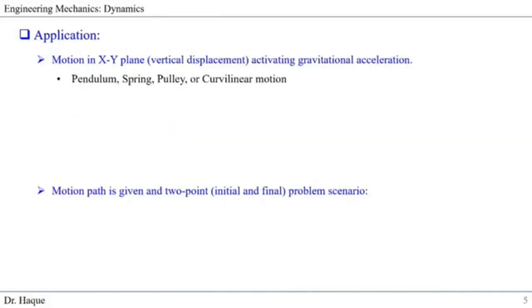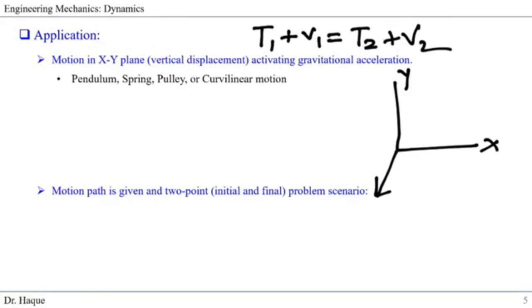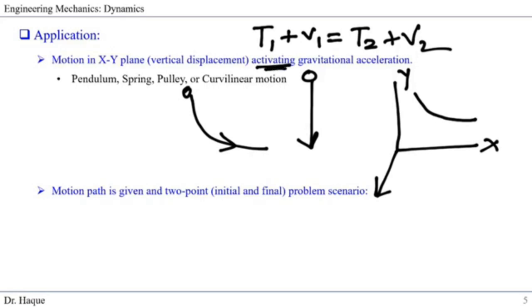Now let's talk about when we should apply conservation of energy. How do we know that this is a problem where we should apply it? If your motion is on the xy plane, or there is a vertical displacement of any particle in any direction, that activates gravitational acceleration.